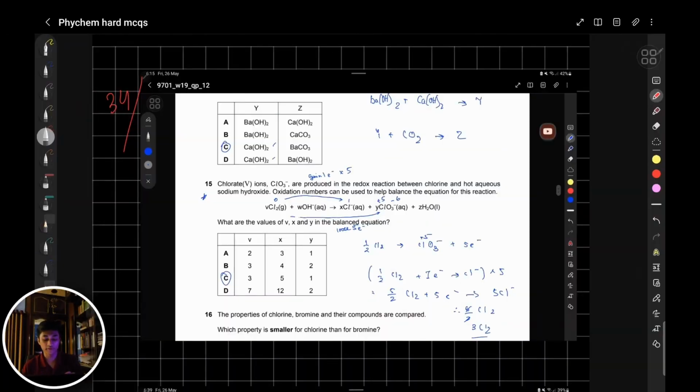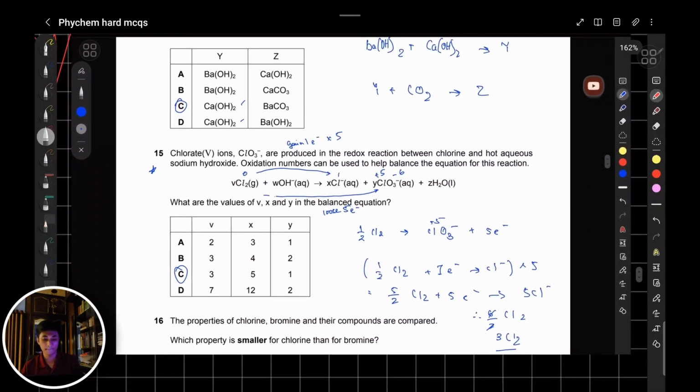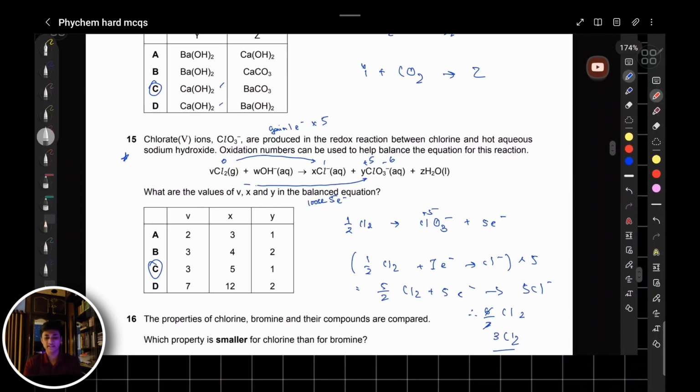Question 34. Chlorate(V) ions are produced in the redox reaction between chlorine and hot aqueous sodium hydroxide. Oxidation numbers can be used to help balance the equation for this reaction.